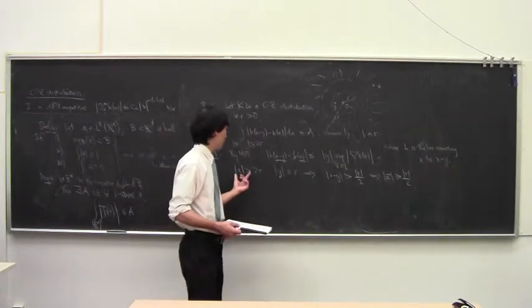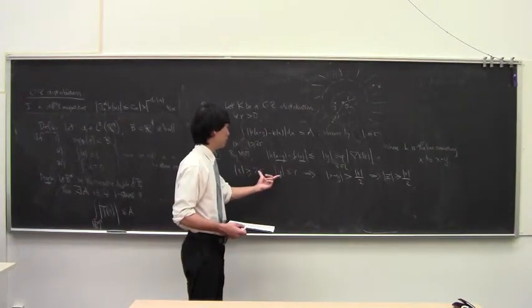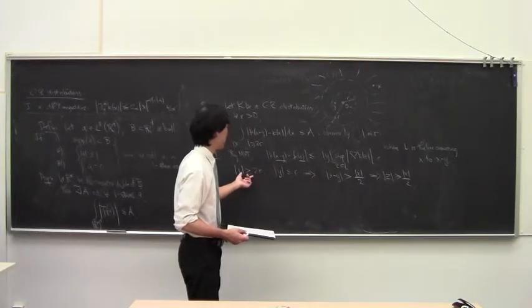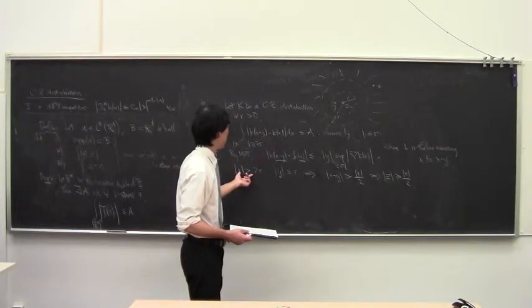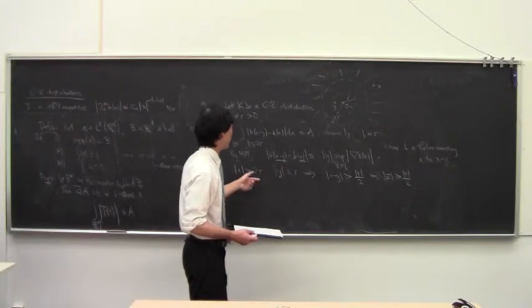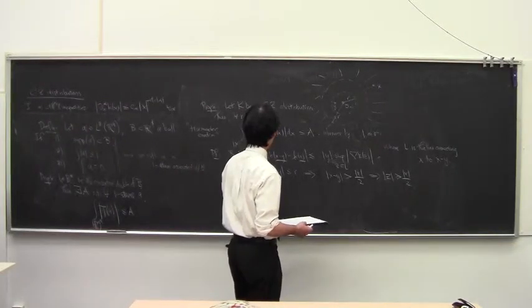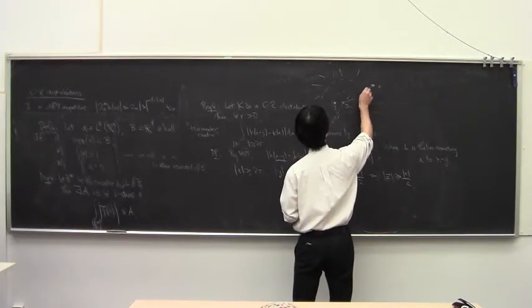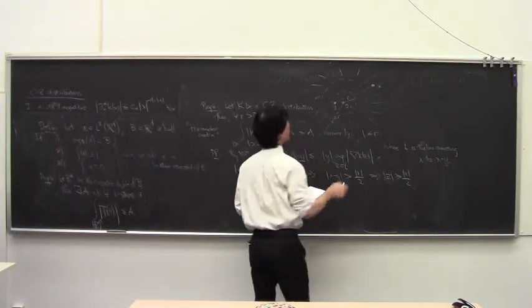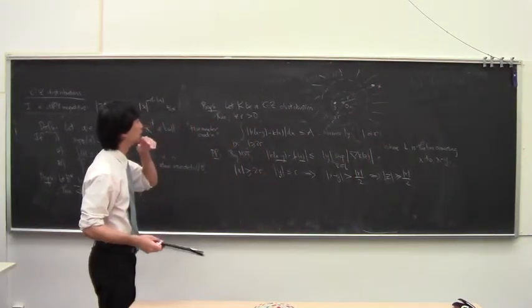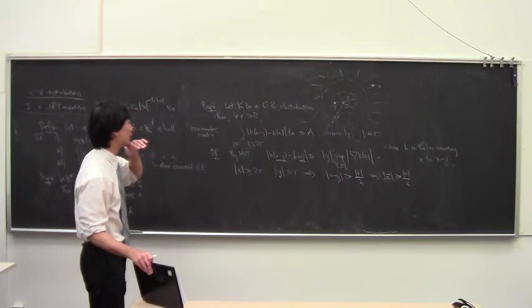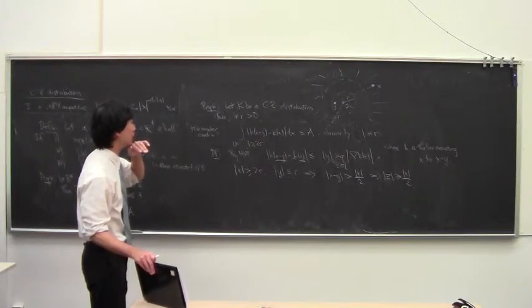Because the difference x minus y is going to be bigger than, you've got the distance of x to y. Wait, I'm messing this up too.